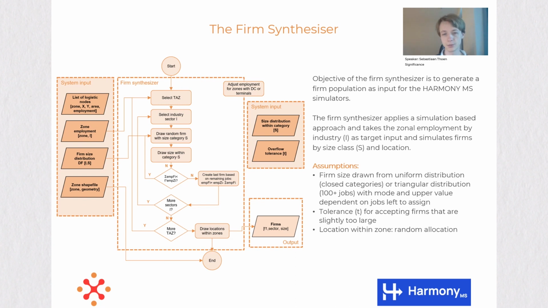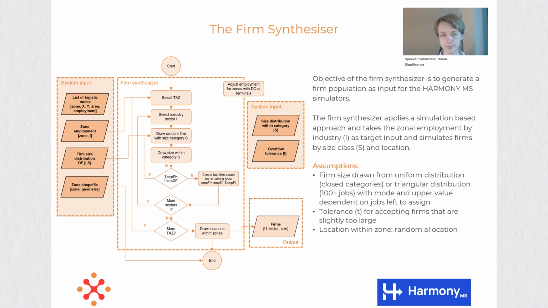The most important inputs for this module are the employment in every zone by sector, and a firm size distribution. And what this module does is it basically discretizes this zonal employment into individual firms.